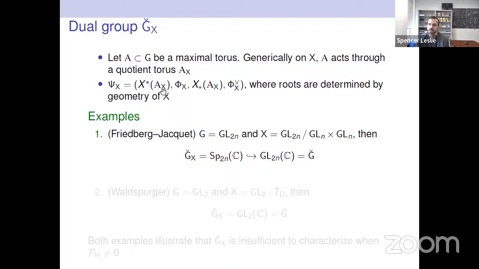So the lattice will be the character and co-character lattices for this quotient, and there's a certain set of roots which are determined by the so-called spherical geometry of the variety X.